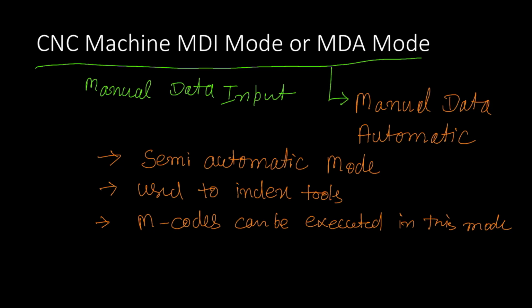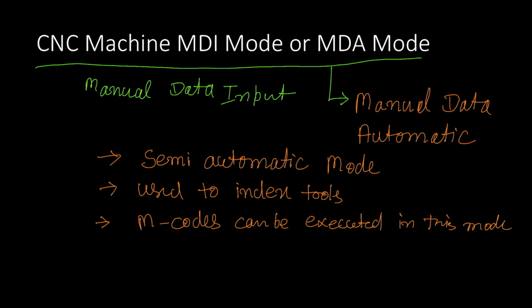In each case, the operator will be entering data through the keyboard provided on the panel of the CNC machine, or on the control panel and display screen. Though these mode switch positions have substantial differences, we consider them together for two reasons.